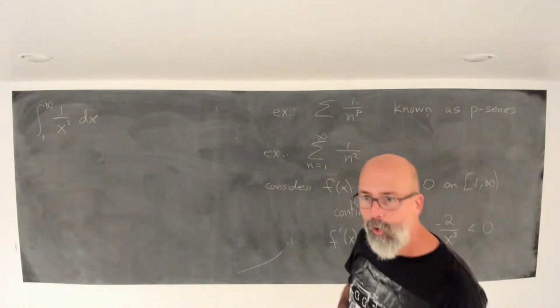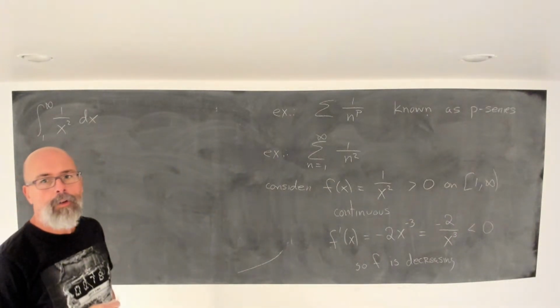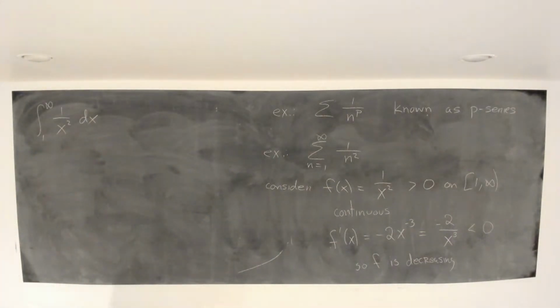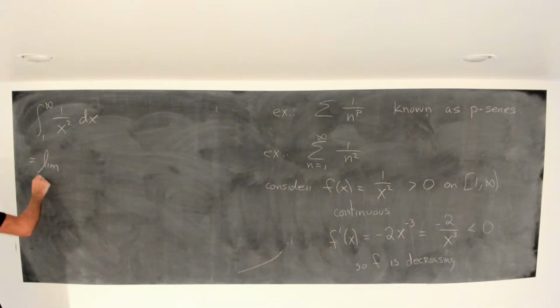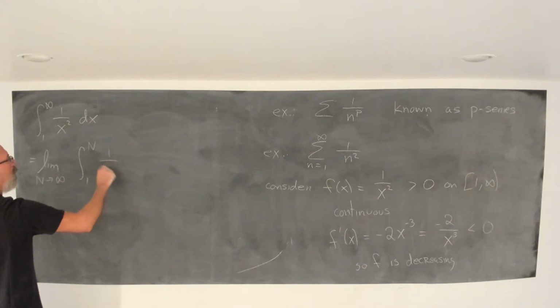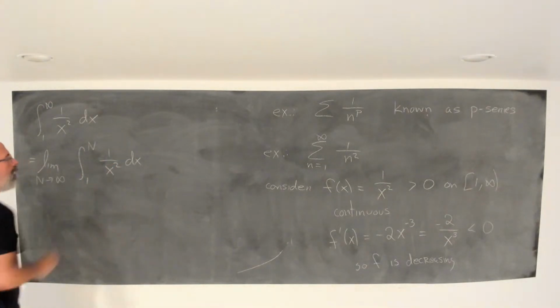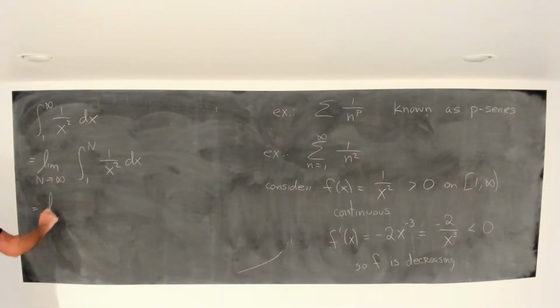And this being an improper integral, you know exactly how to deal with that, right? This is really the limit as n goes to infinity of the integral from 1 to n. And antiderivative, you know what that is.